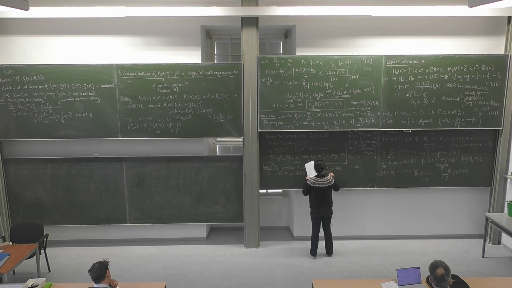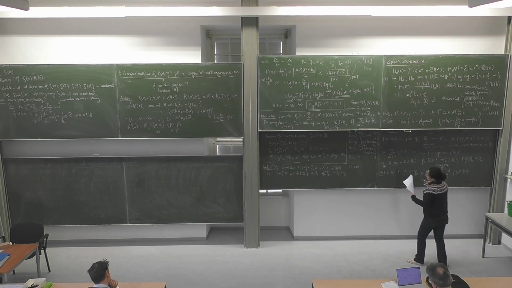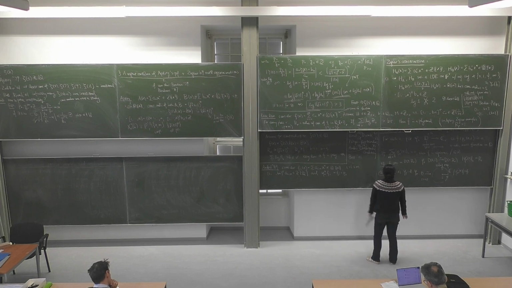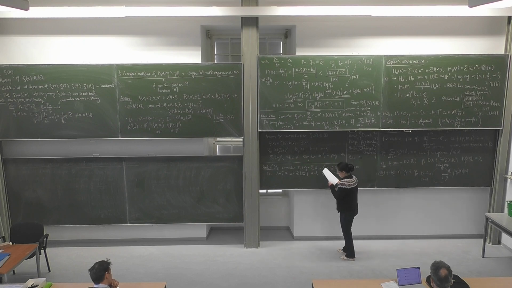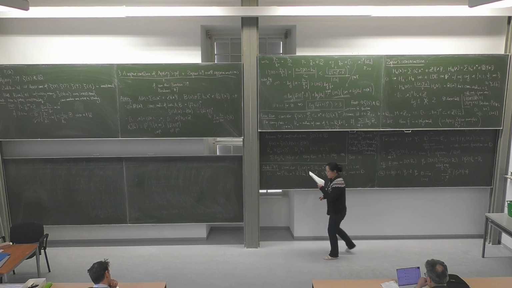But one thing I should have said, this is the F_i composed with phi_v. For technical reasons, we assume phi_v to be equal to the identity for almost all v, but that is not necessary. So this is meromorphic on the open unit disk.